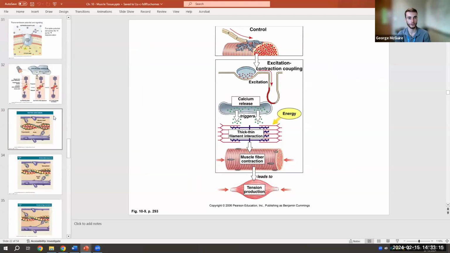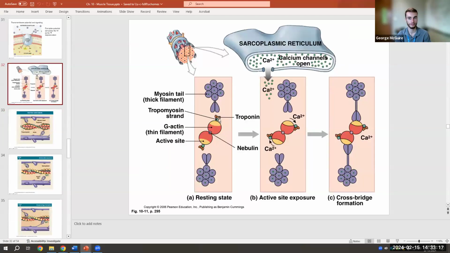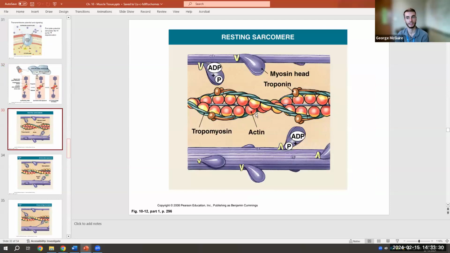And those calcium molecules are going to bond with troponin, which is going to move troponin out of the way and move tropomyosin with it. So now these ball-like G-actin molecules are available for myosin to attach to. So here's another look at that. So troponin right now is holding tropomyosin over these G-actin molecules, and myosin cannot attach.